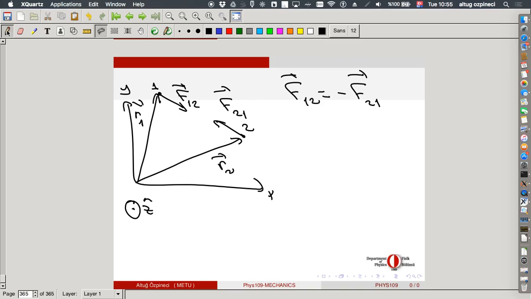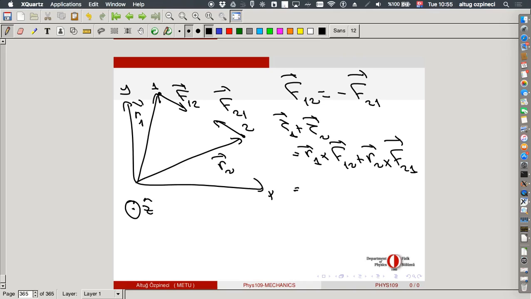Let me calculate directly torque 1 plus torque 2. This is equal to R1 cross F12 plus R2 cross F21, which will be equal to R1 cross F12 minus R2 cross F12.